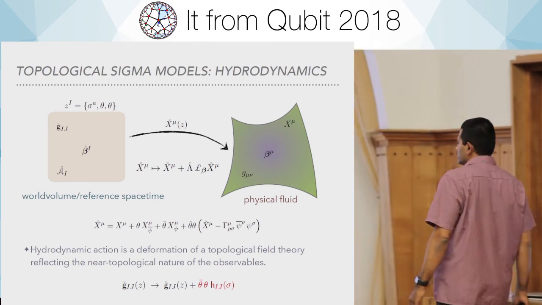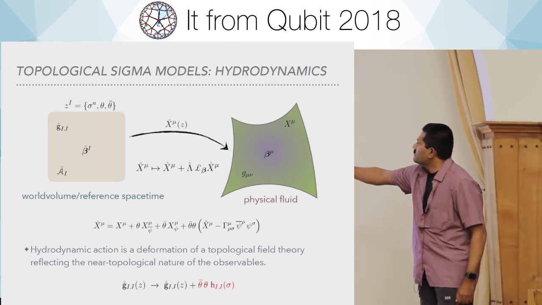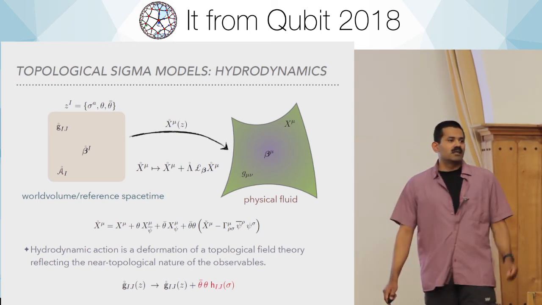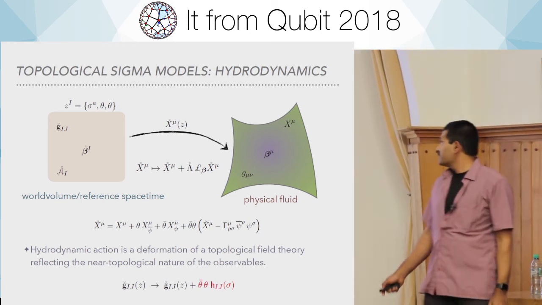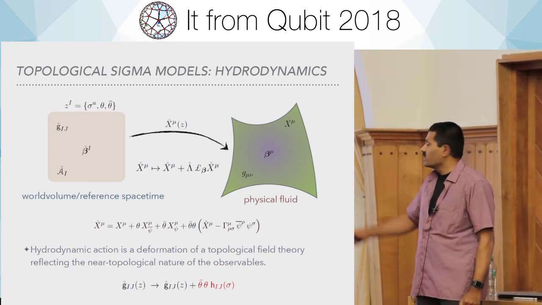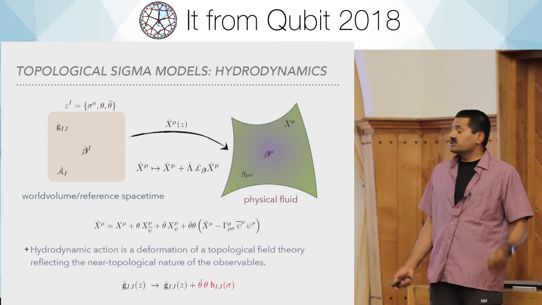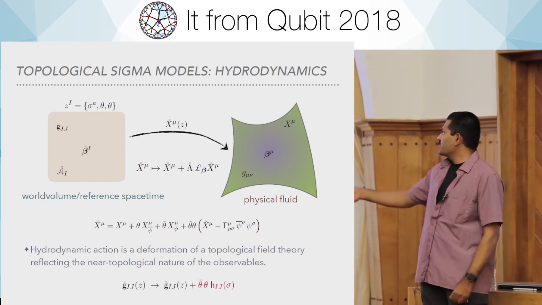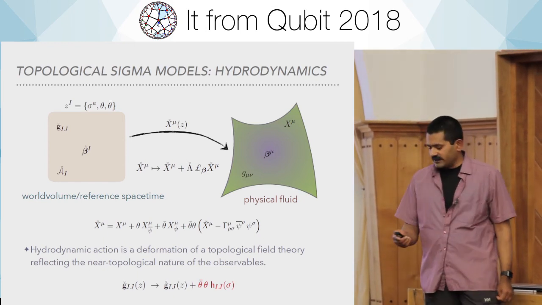For those of you who like deep brains, here's a world volume, and the world volume has a fixed reference vector field, and the push forward of that reference vector field in space-time is a physical velocity. So the non-trivial fact in our picture is that we also have this gauge field sitting there.